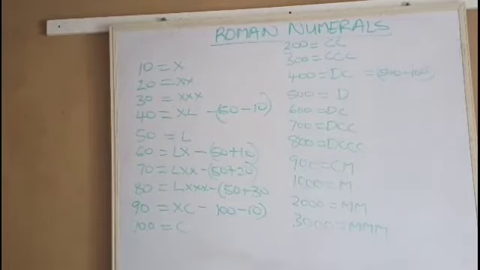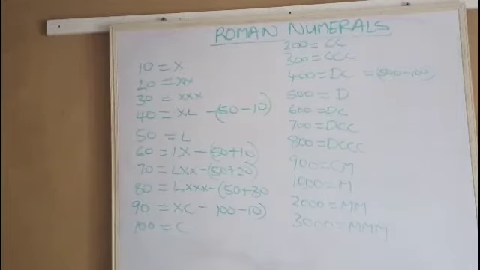Then 70: XX is 20, L is 50, and 50 plus 20 is 70. That's why you have LXX. 80 is 50 plus 30. 90: X is 10 and C is 100. So 100 minus 10 is 90. That's why you have XC. If you look at it, X is before C. So that's what makes 90 XC.